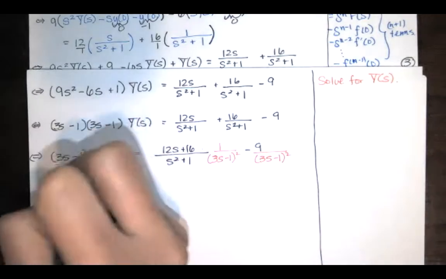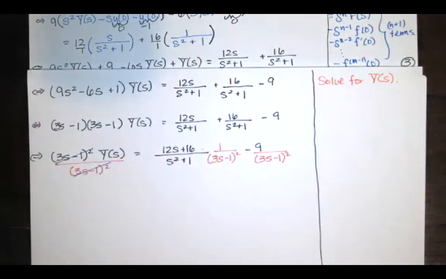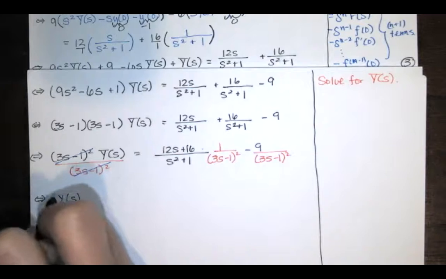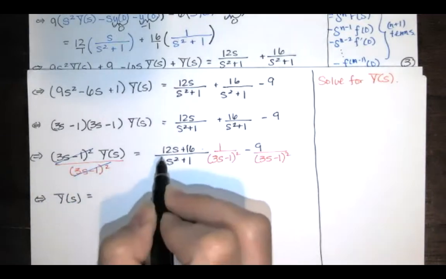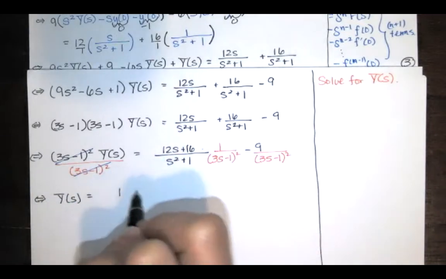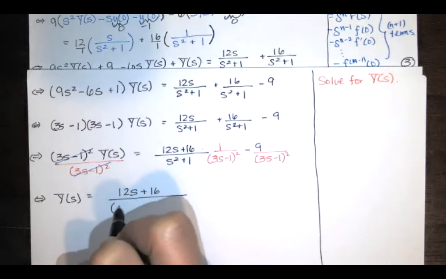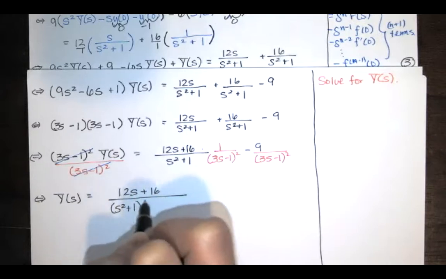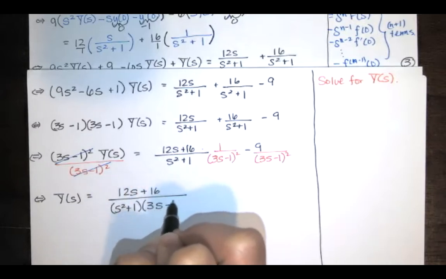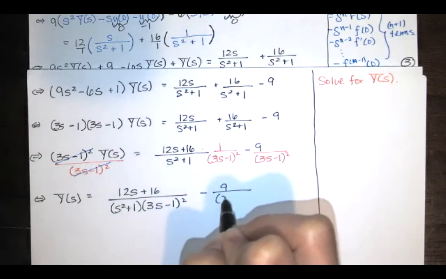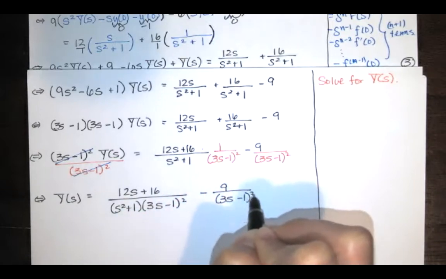So after simplification, we have y of s equals 12s plus 16 over s squared plus 1 times 3s minus 1 quantity squared minus 9 over 3s minus 1 quantity squared.